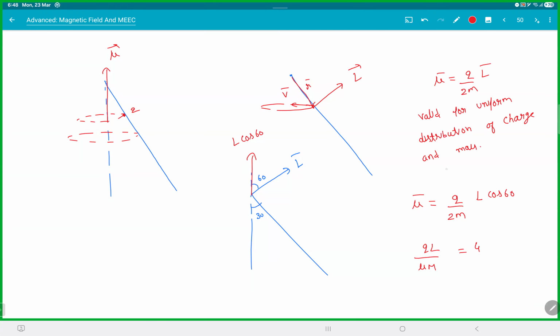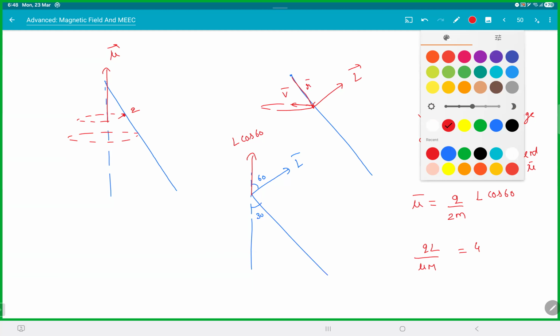And L bar should be along mu bar; the component of L bar along mu bar is what you use. Not a tough question, but a conceptual thing. If you just put L directly, then you'll mess up. Clear with this?